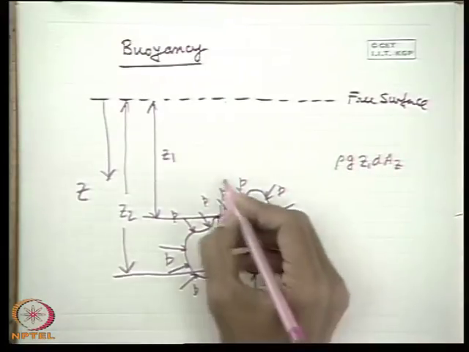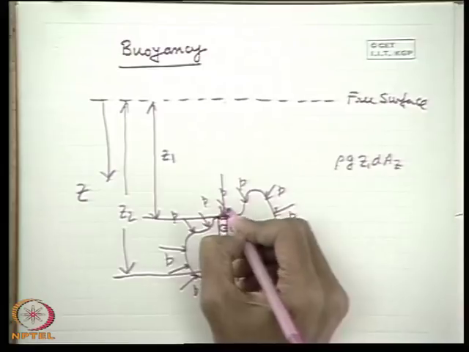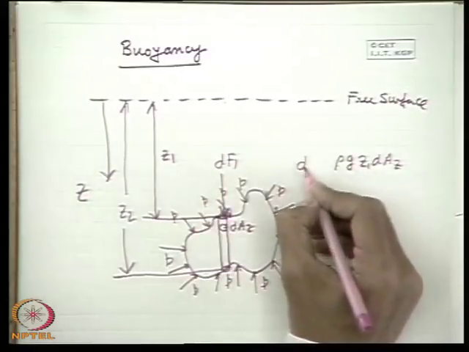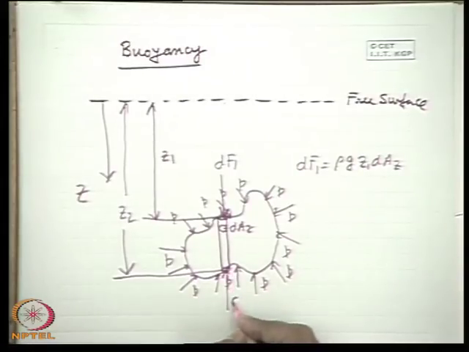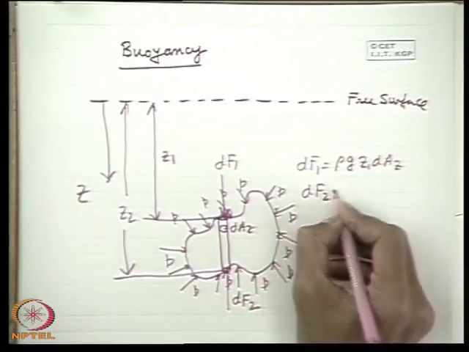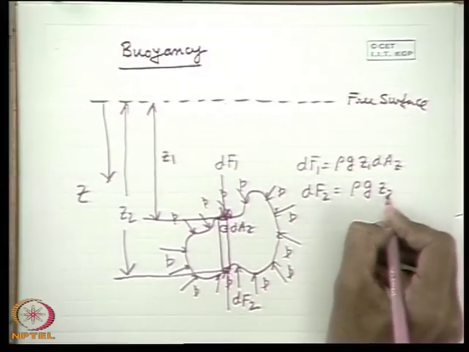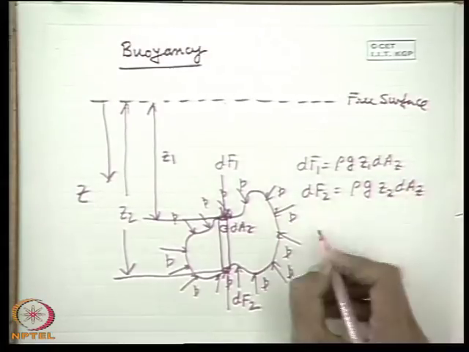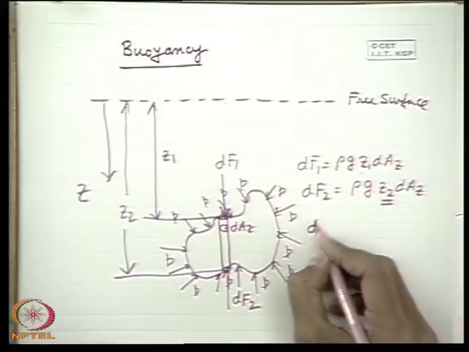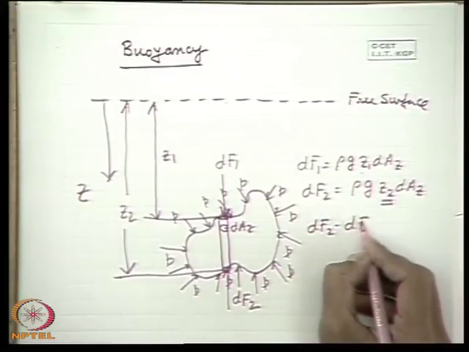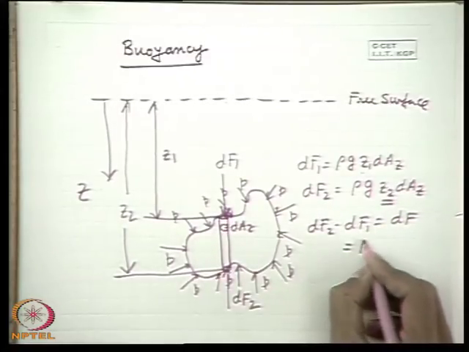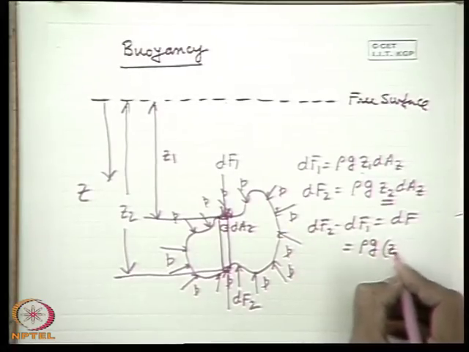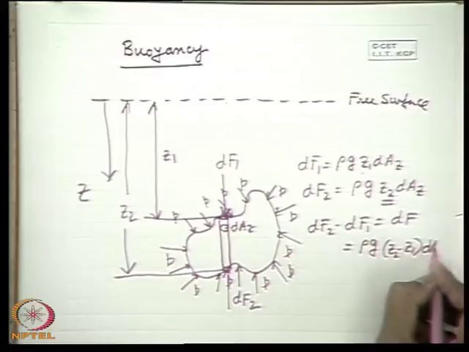Similarly, the upward force at the bottom base of this prism in the vertical direction is dF2, which is equal to rho g Z2 dAz. It is very simple. You have done this earlier. So this is more than this, and therefore the net force dF equal to dF2 minus dF1, acting vertically upward on the prismatic fluid, is rho g (Z2 minus Z1) into dAz.